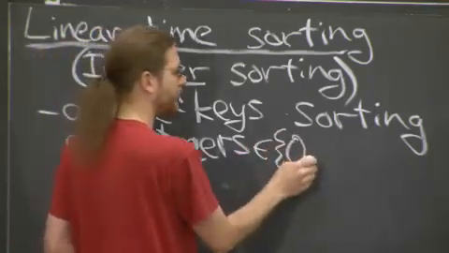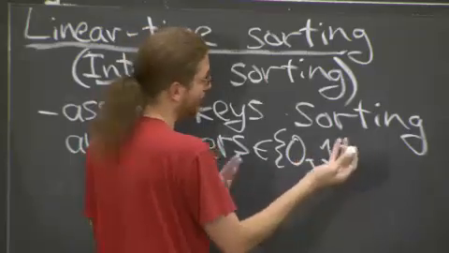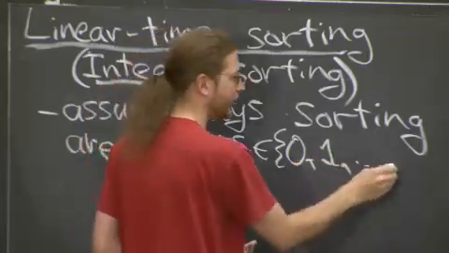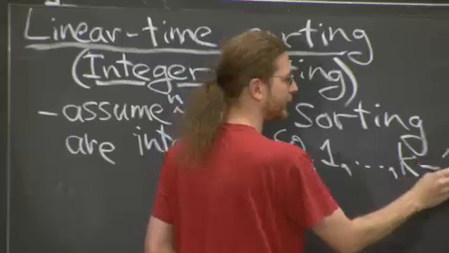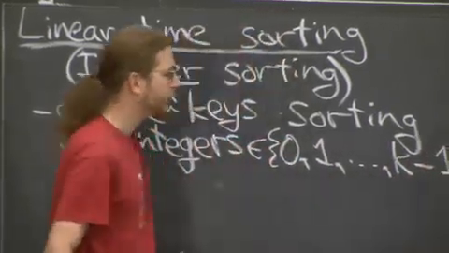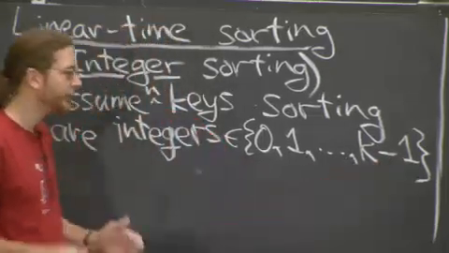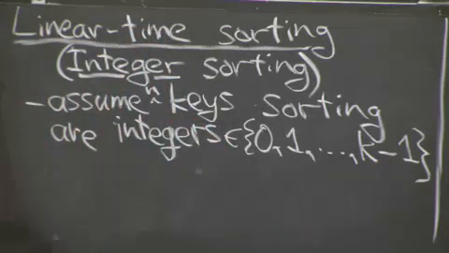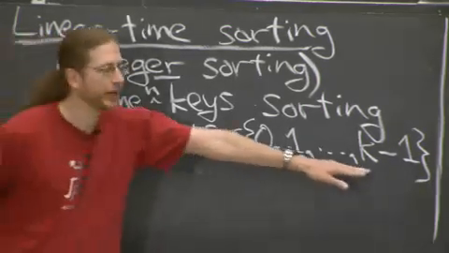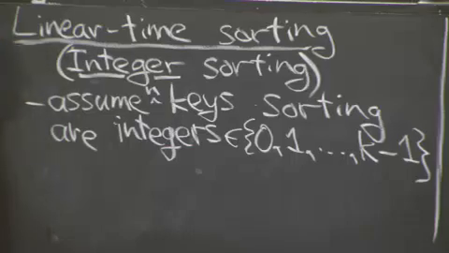And for convenience, I'm going to assume that they're all non-negative. It's not hard to deal with negative numbers, but it's just convenient to think about non-negative numbers. So if we start at 0, there's some maximum value, say k minus 1. So there's k different values they could be. k could be anything. It's a parameter. We've always had n as a parameter. Now we're going to also have k as a parameter.